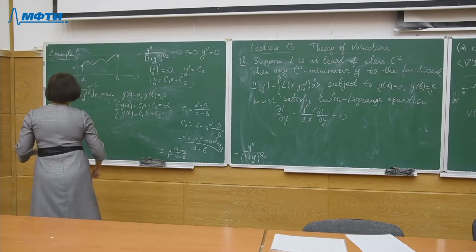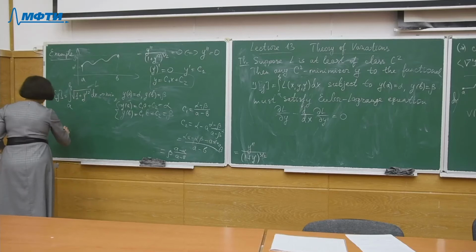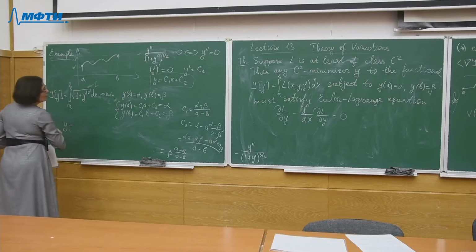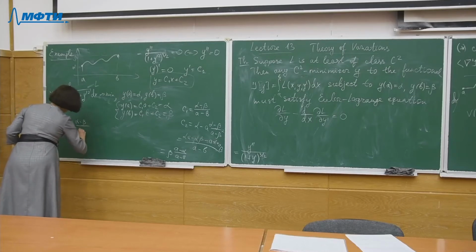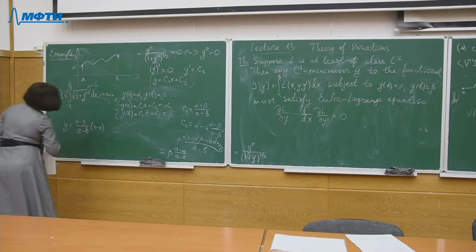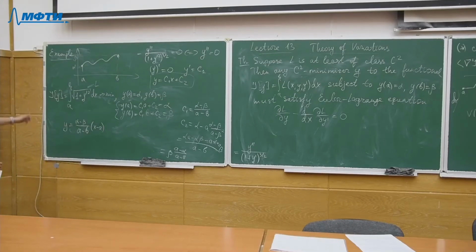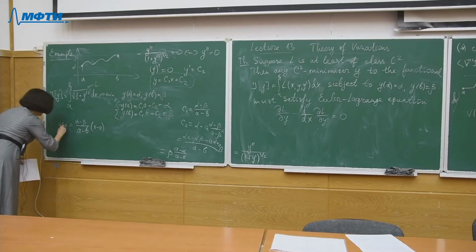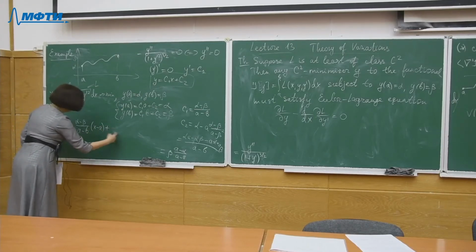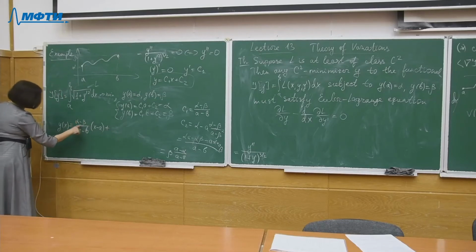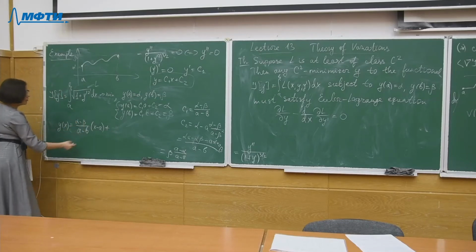Or maybe it's better to represent it in this form: y is equal to alpha minus beta over a minus b times x minus a, plus alpha. And then we can easily find them. So this is the slope, alpha minus beta over a minus b.